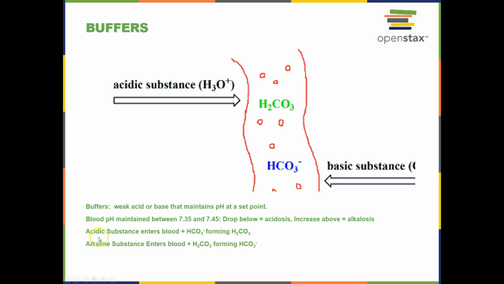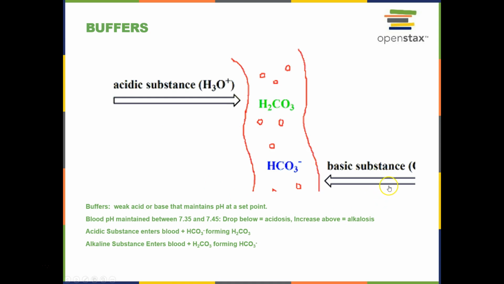So we can maintain our blood pH between 7.35 and 7.45 by either, if there's an acidic substance that enters our blood, it can combine with the bicarbonate ion, forming a weak acid called carbonic acid. So you have this acidic substance moving in, and immediately you're going to produce this less acidic substance called carbonic acid. So you're going to take those hydrogens in to this bicarbonate ion, forming this.